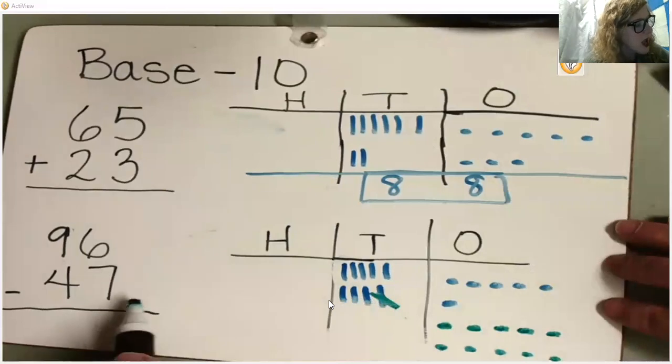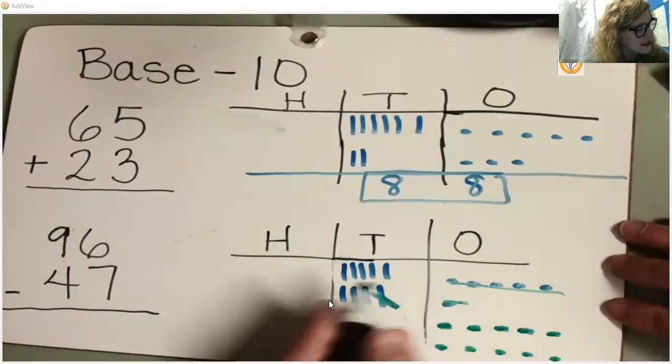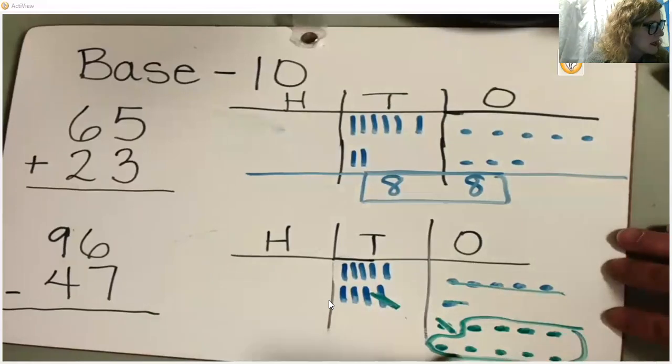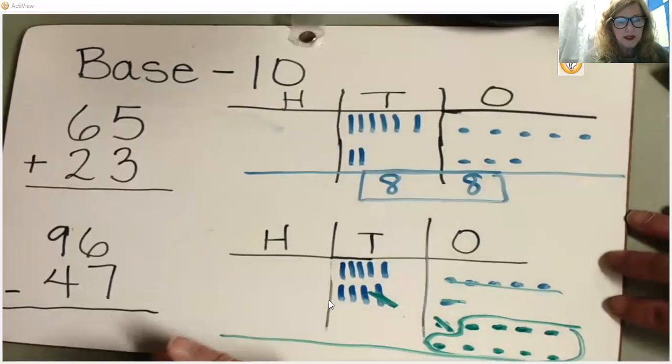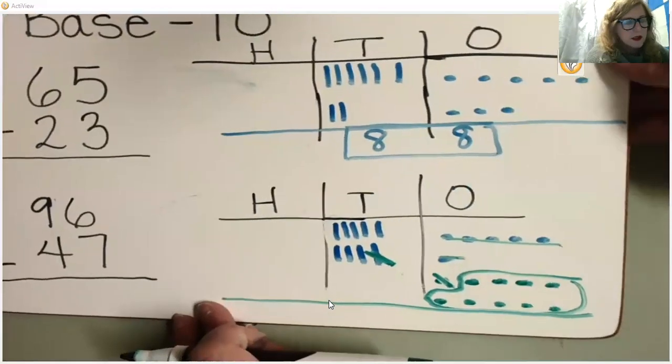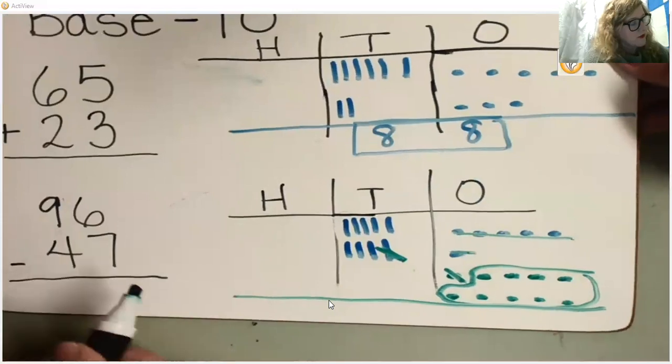Okay, so there are our 10 ones that came from that 10. All right, so now we can take away 1, 2, 3, 4, 5, 6, and 7. We are left with these ones right here. But we still need to take away our 4 tens. We're not finished there.